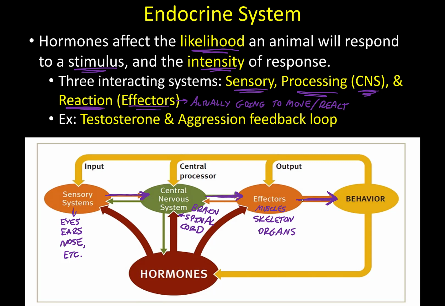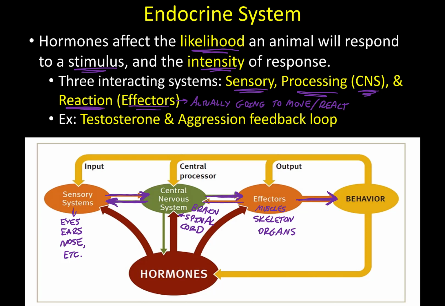But there's all sorts of feedback that takes place between these three systems while that main transmission of information is happening. The central nervous system may request more information from the sensory systems. It might ask how far away a competitor is, not just whether or not a competitor is present. It may ask what that competitor smells like, and it's going to request constant updates on what that competitor is doing in response to its own animal's behaviors.